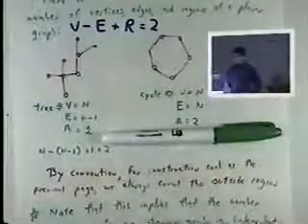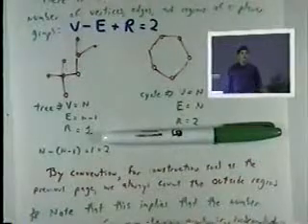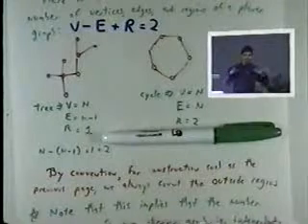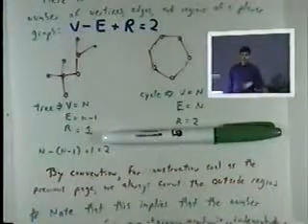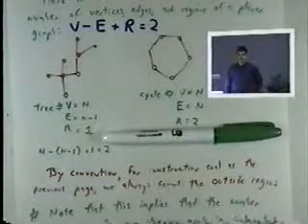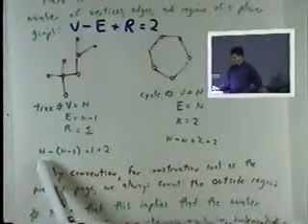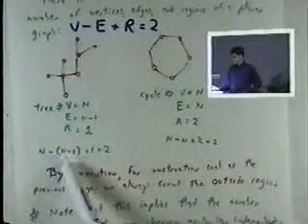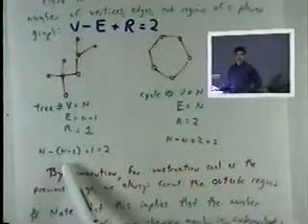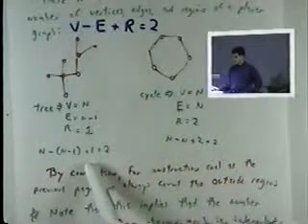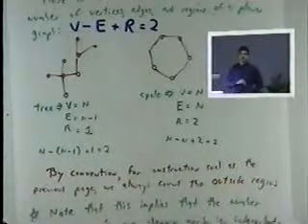And in a tree, there's only one region, which is just the outside. There are no other regions that the edges contain. So if we add this together, the number of vertices is n, minus the number of edges, which is n minus 1, plus one region is 2.